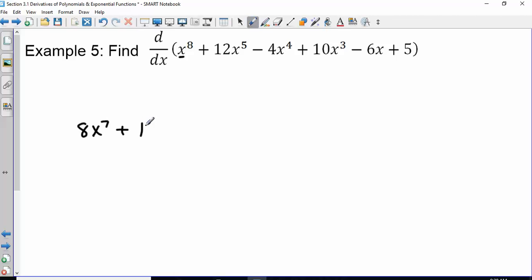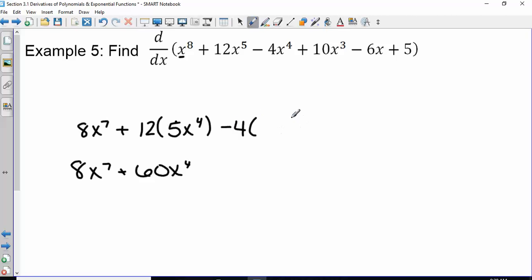So 12 times 5x to the 4th. So you could turn that into a 60x to the 4th. Okay, minus 4x to the 4th. So it would be 4 times, what's the derivative of x to the 4th? 4x to the 3rd.